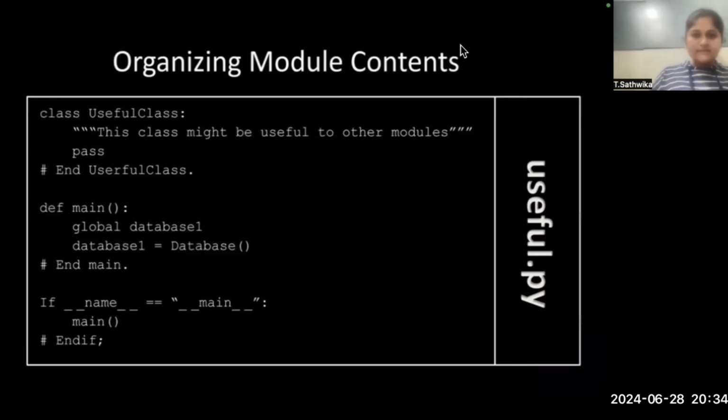Then we have to pass the statement and we have to end the useful class. And we have defined a main function with global database_one, where database_one equals the database, and we have to end the main function. If __name__ is equal to __main__, then the script inside the main function gets executed and we can end the program.